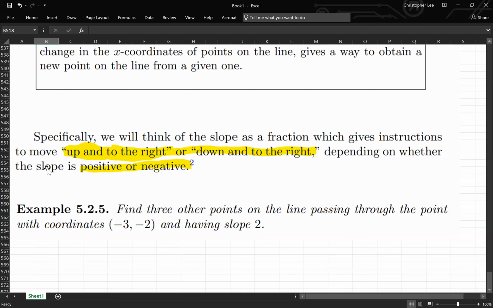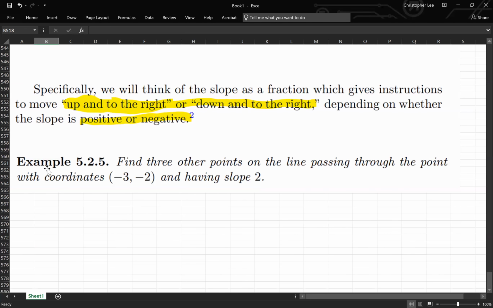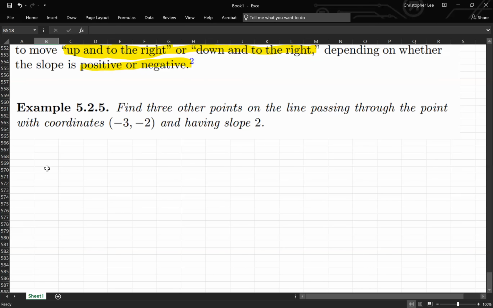Are we good? So this graph has to pass through the point -3, -2, and has to have a slope of 2. So if I have y equals mx plus b, and I know what m is, this is y equals 2x plus b. Plug in the x and the y.